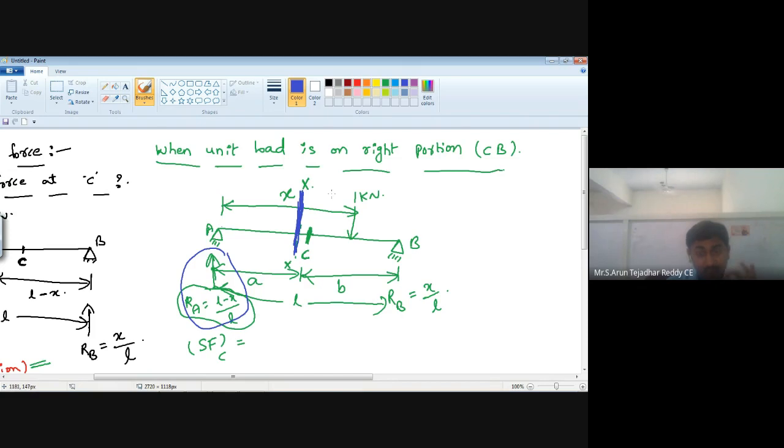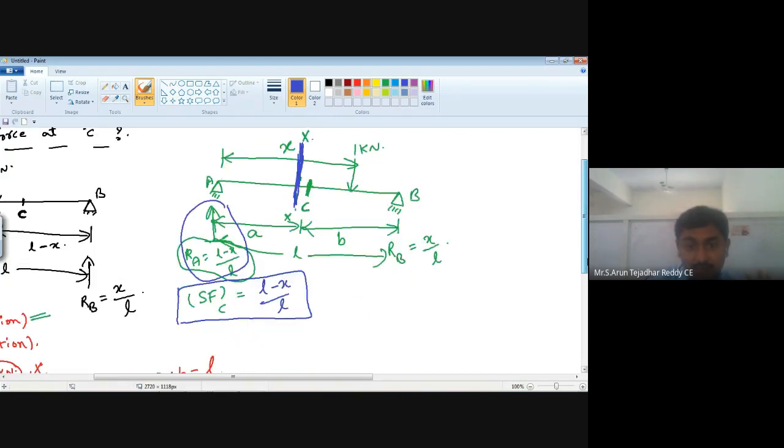Whatever 1 kilonewton load we assumed is now in the right side portion, but our section XX is just left of C. So on the left of C we have only one reaction, that is (L minus X) by L. So shear force at C is (L minus X) by L.